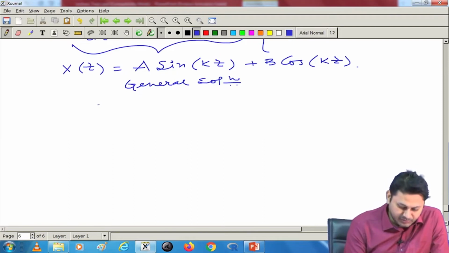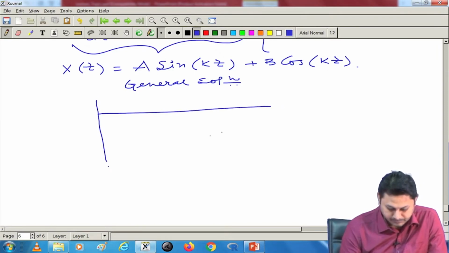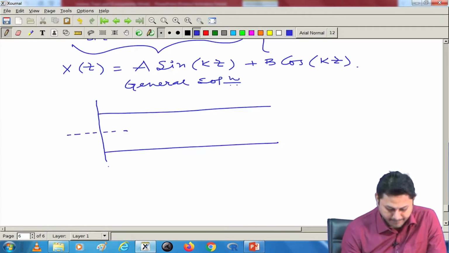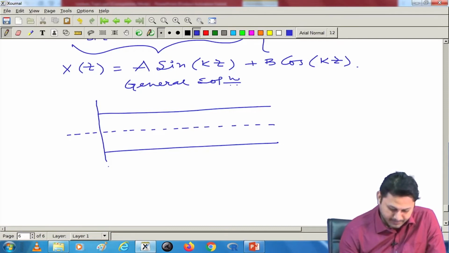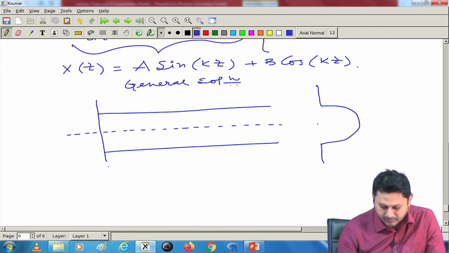Again I am going to draw the structure. And here the profile. This is a parabolic profile.